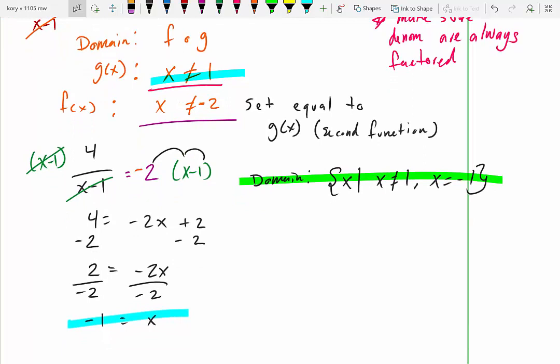So just to talk about the domain again, you find the domain of the second letter, that's part of the domain of the composite. So after you find the domain of the second letter, you find the domain of the first letter and equal it to the second one. Oh, my bad, cannot be.